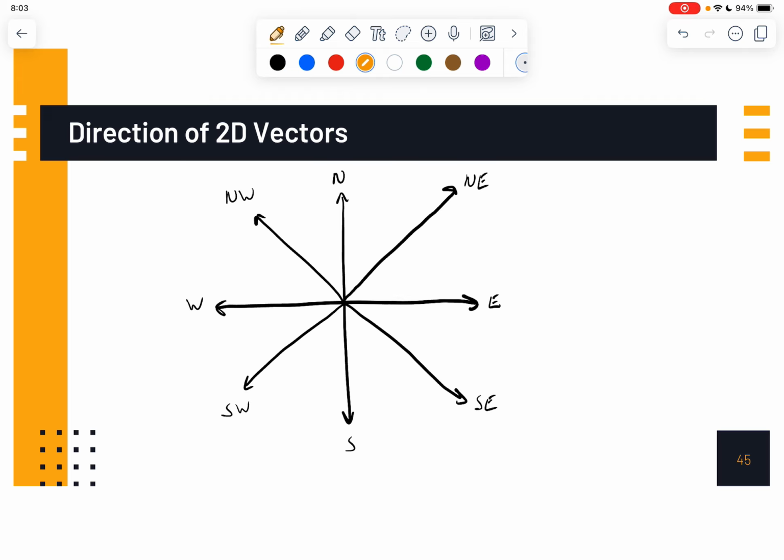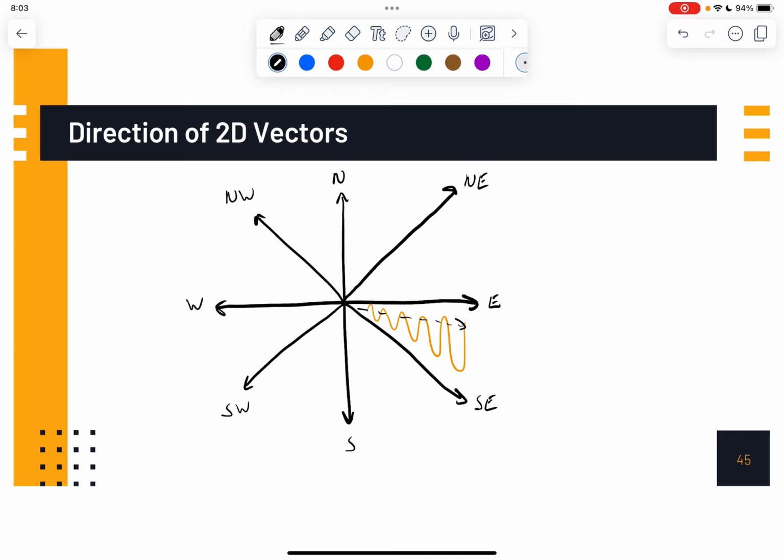The way that we do this is if we look at this region in here, if we are in between east and southeast, anywhere in here, maybe going in that direction, in these cases we're going more east than we're going south.